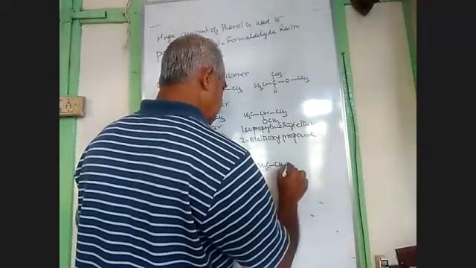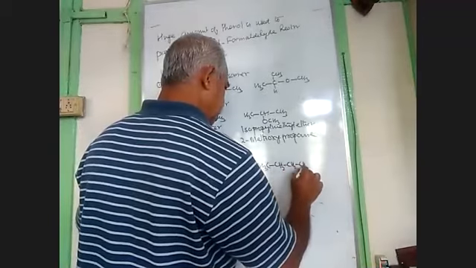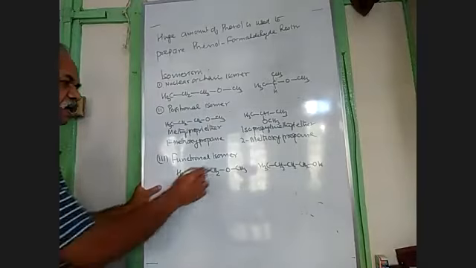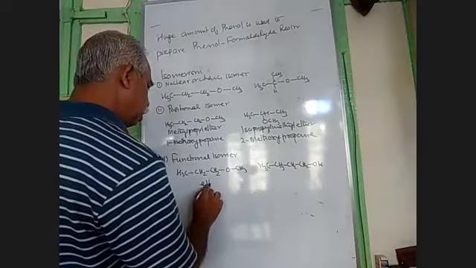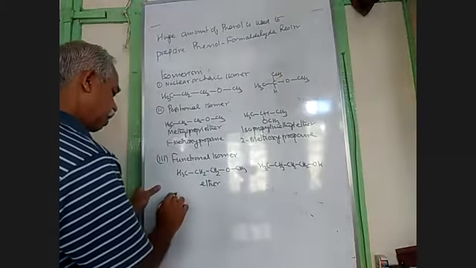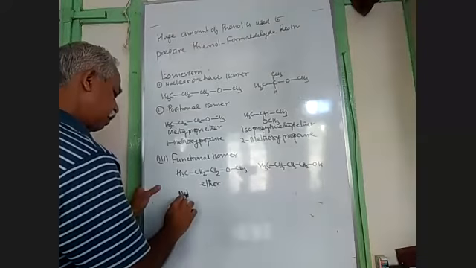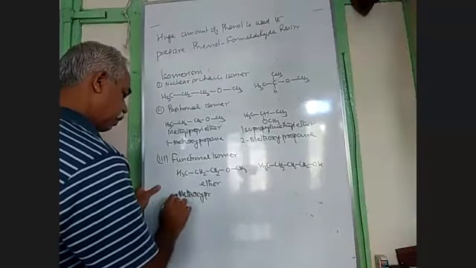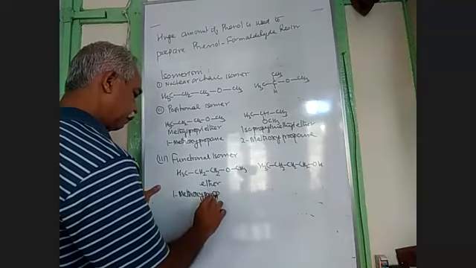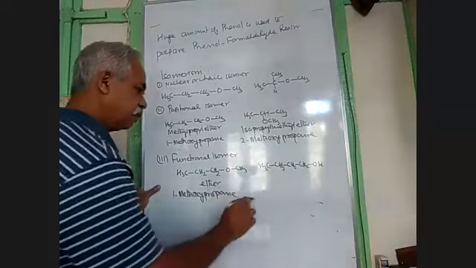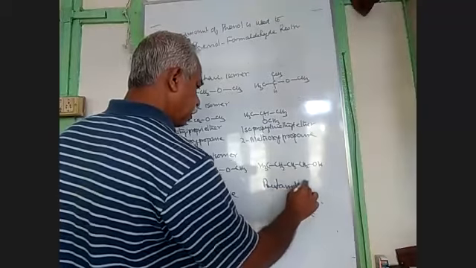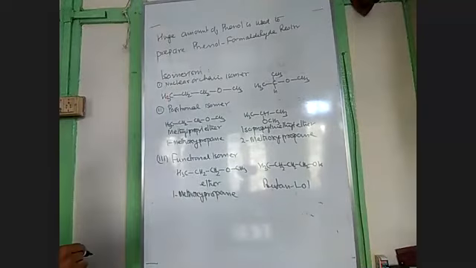CH3CH2CH2CH2OH. This is ether and this is alcohol. This ether is 1-methoxypropane, and the alcohol is butan-1-ol.